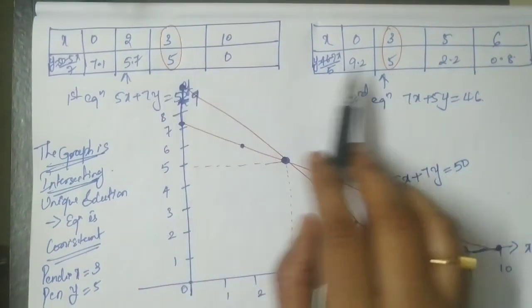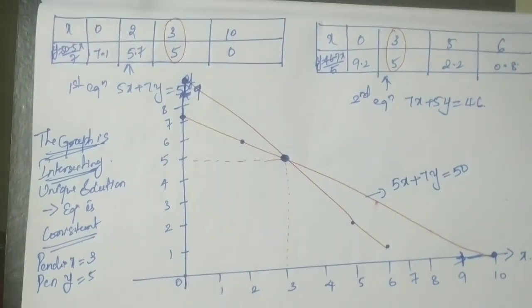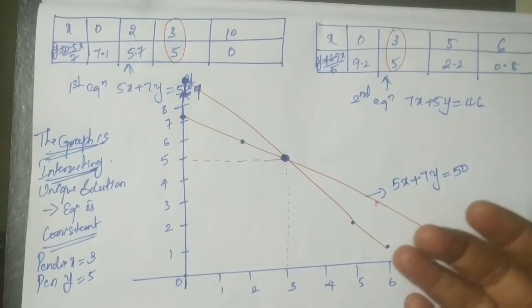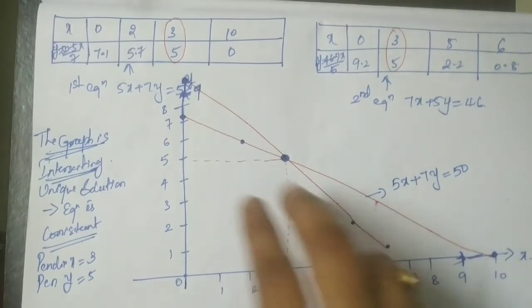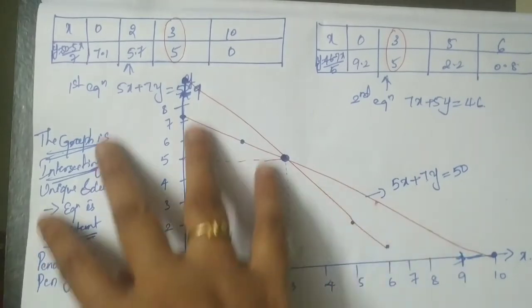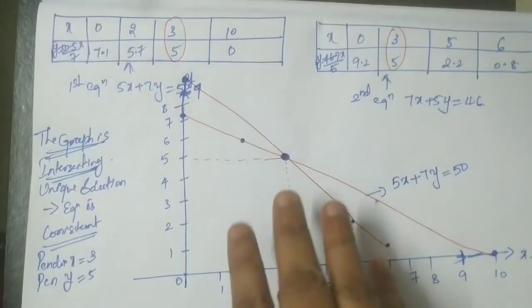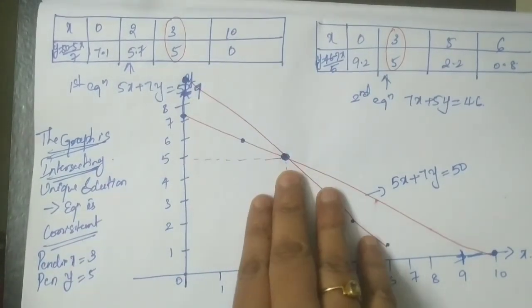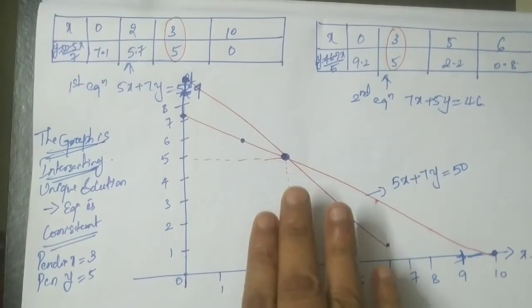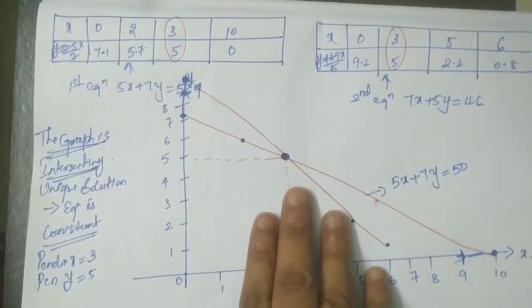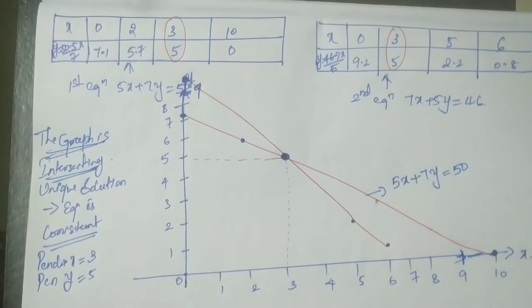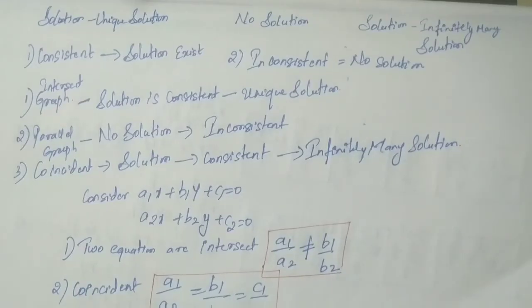And you can clearly identify from the table also. Students, instead of doing all the steps, you can still identify easily whether the given lines are intersecting, parallel, or coincident. Please recollect the concept.